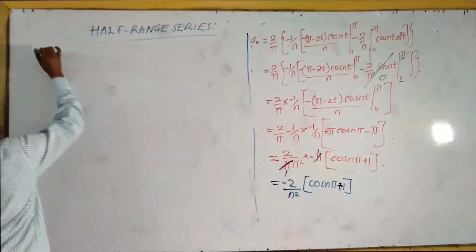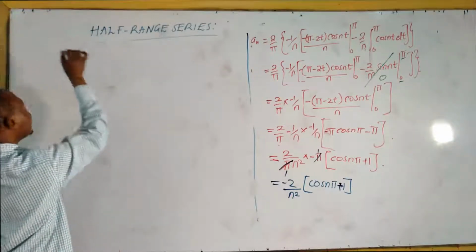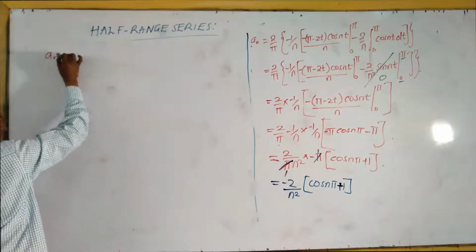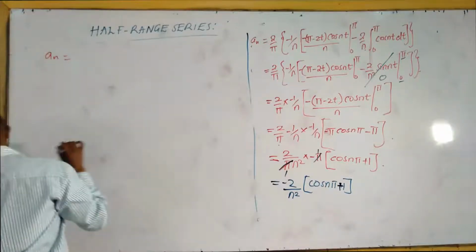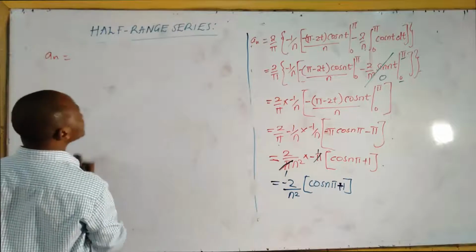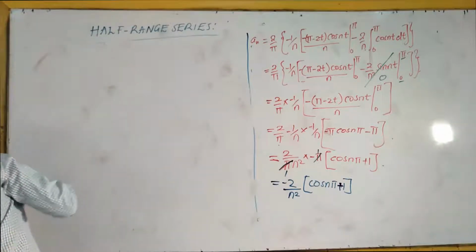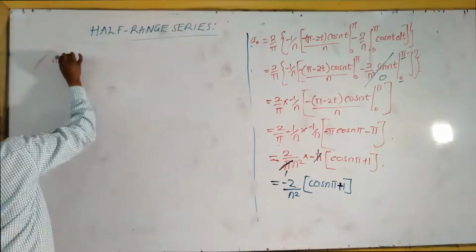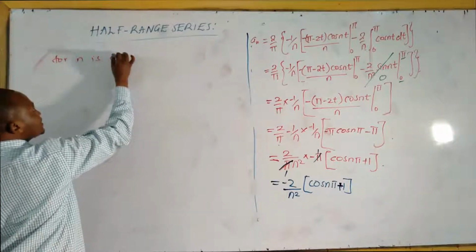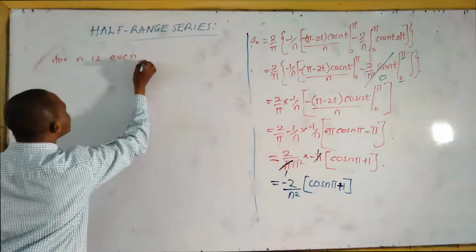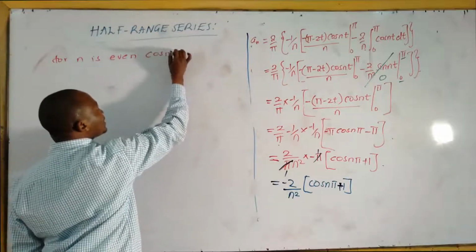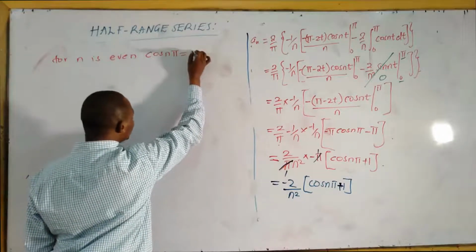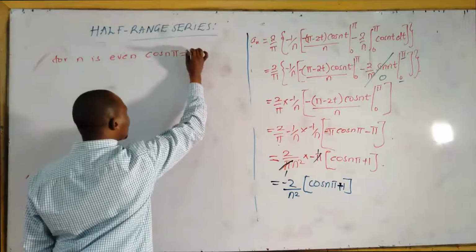So yeah, Bn, but An is equal to what? Let us do it like this. For n even, cos n pi is equal to positive 1.